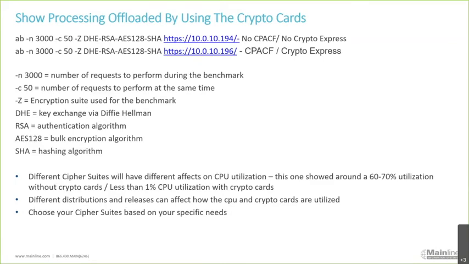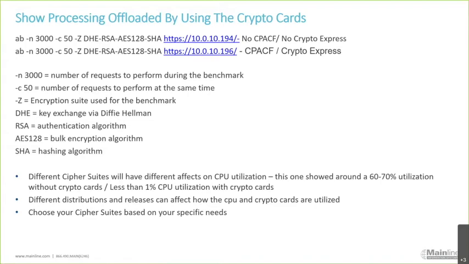So basically what we'll do is run these against my systems here. The point is that I want to show you the difference between what a benchmark would show when you're not using crypto cards and what it shows when you are using crypto cards. The cipher suite here is not important.